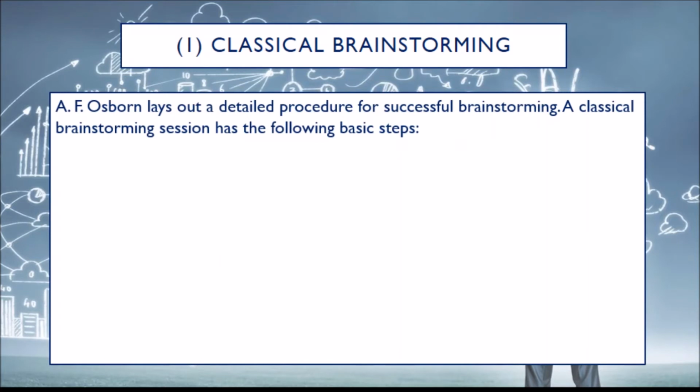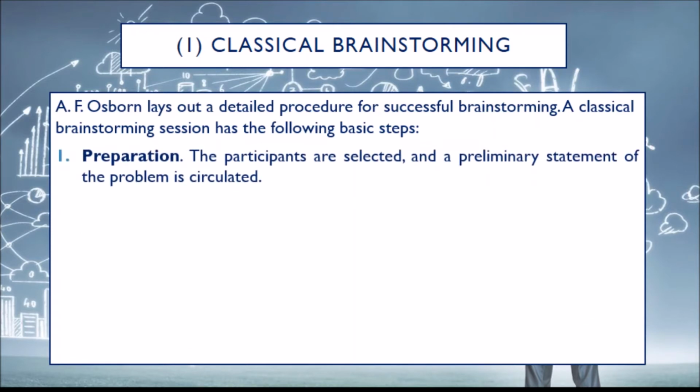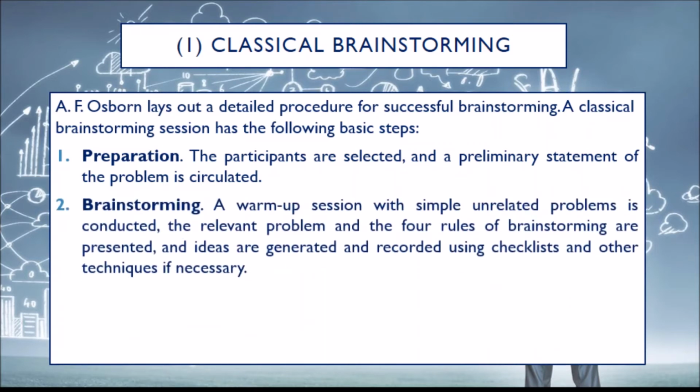A. F. Osborn lays out a detailed procedure for successful brainstorming. A classical brainstorming session has the following basic steps. First is preparation. The participants are selected and a preliminary statement of the problem is circulated. Second is brainstorming. A warm-up session with simple unrelated problems is conducted.